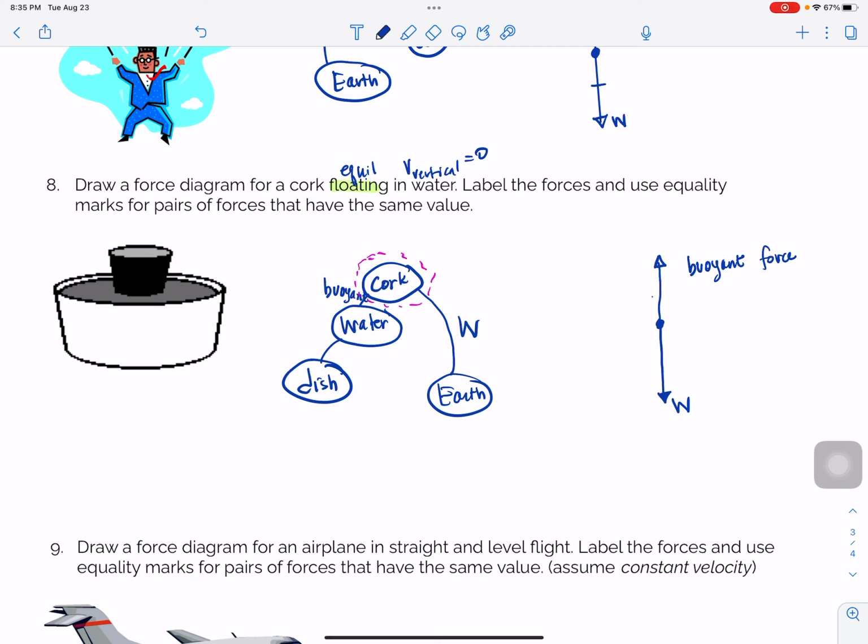And so I've got a pair of forces that are the same length because this is in equilibrium. Our observation is that the velocity is 0, and so the conditions are the forces of equal length.